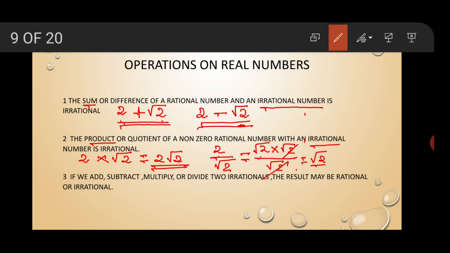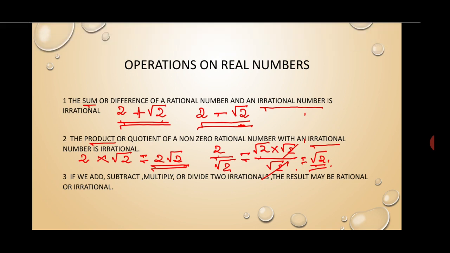So the quotient is root 2. Again this is an irrational number. Therefore we can conclude that the product or quotient of a rational number with an irrational number is always irrational. Did you get this? Yes, take down.